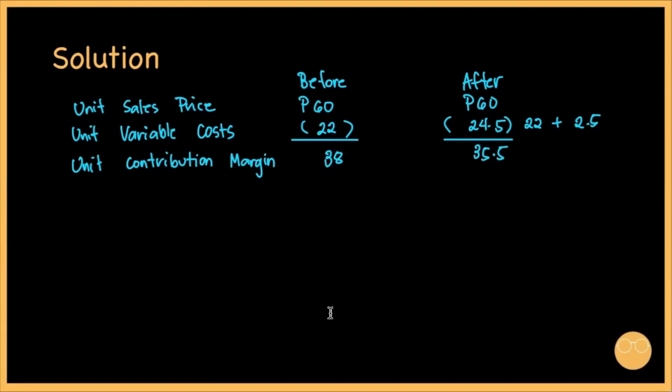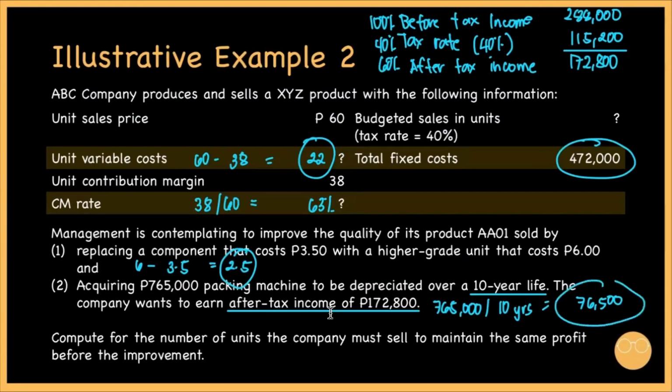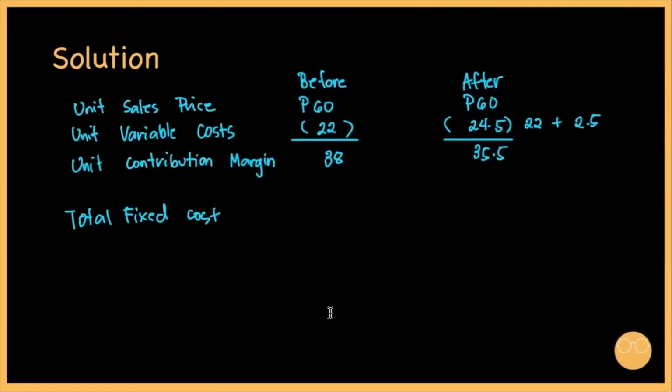Now let's try to get the total fixed cost. So our before total fixed cost will be amounting to 472,000. But since we are going to add the 76,500 depreciation, the total fixed cost will increase.